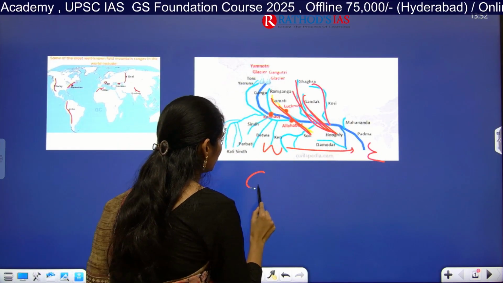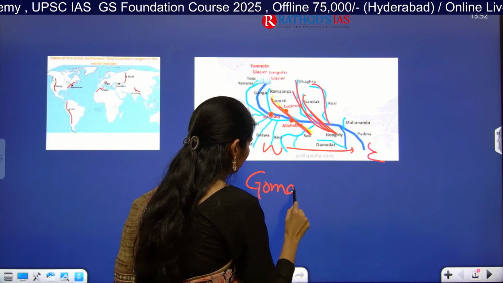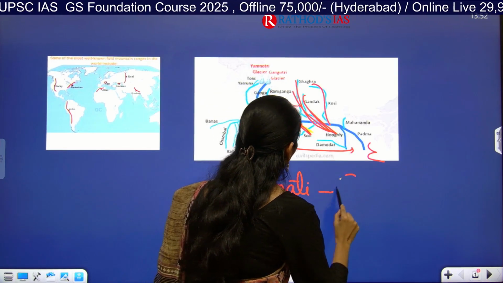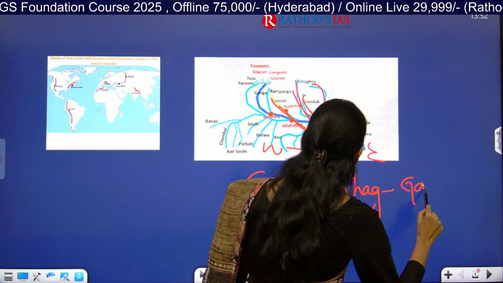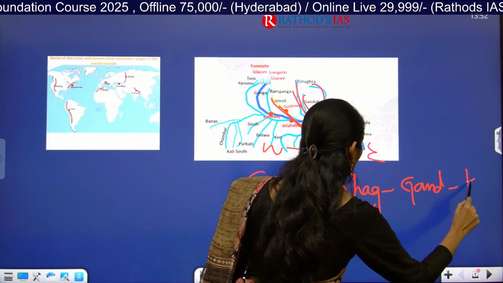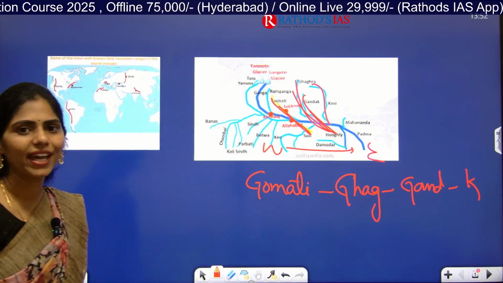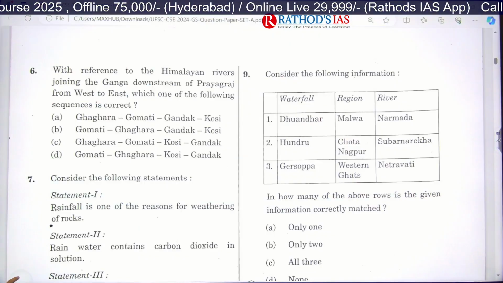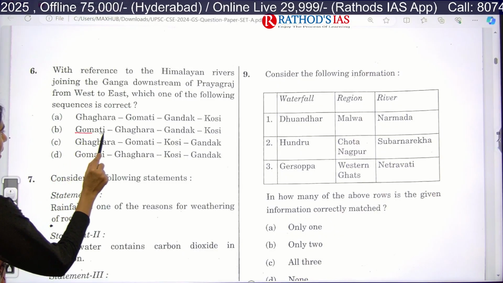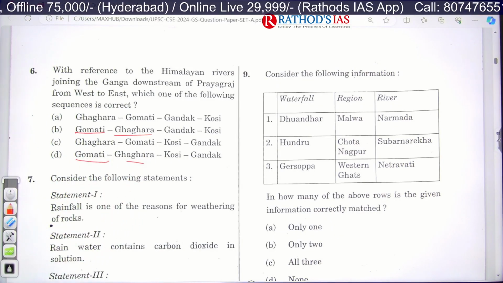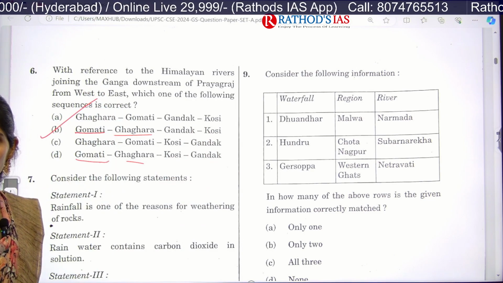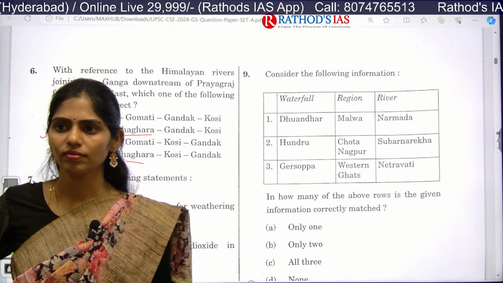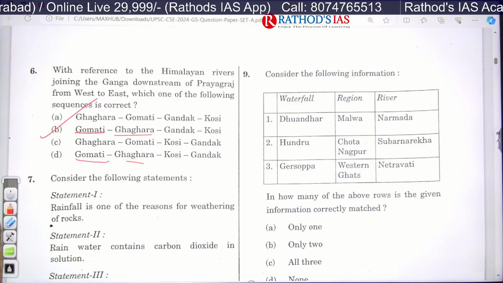First Gomti, next Gagra, next Gandak, and next Kosi. You have to see where this order is present. First is Gomti, second is Gagra. If you know Kosi will be last, then the option will be B. B is the correct option.